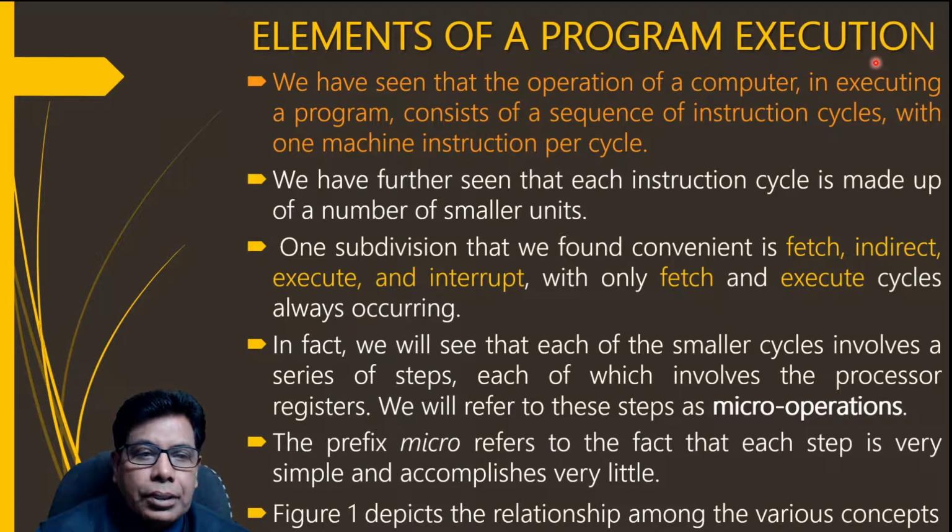So here, when we are studying this execution of instructions, we must know what the instruction cycle is, and then only we will be able to understand how the program execution will take place.